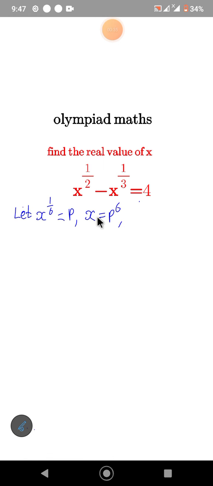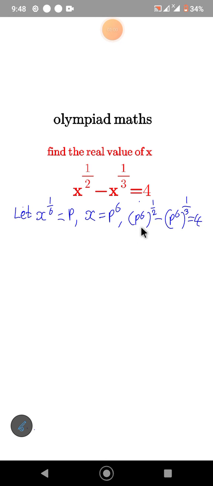Now I'm going to substitute this value of x inside this equation. Now we have x here, so I'll put p raised to the power of 6, raised to the power 1 over 2, minus x again, p raised to the power of 6 raised to the power 1 over 3, everything equal to 4.